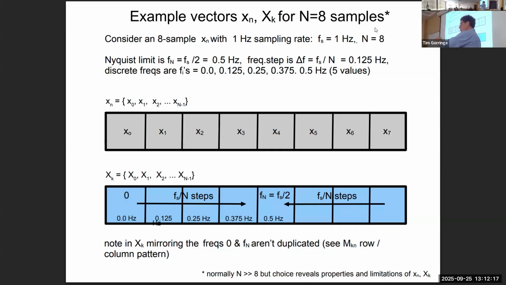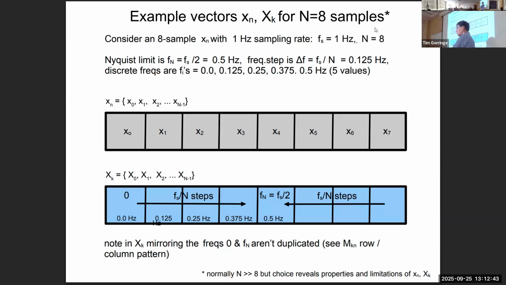The coarseness or fineness of the spacing between discrete points in my frequency domain is going to be the sampling rate divided by the number of samples. That's 1 Hertz divided by 8 samples, so it's 1/8 Hertz.